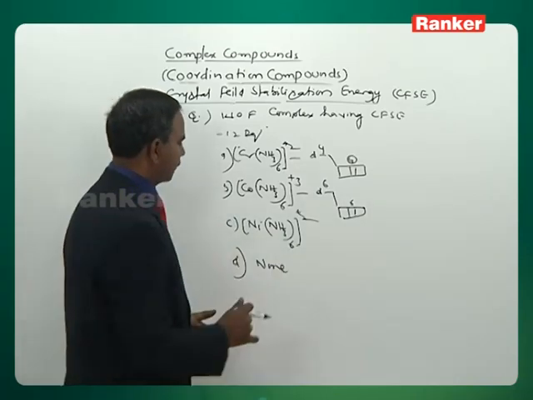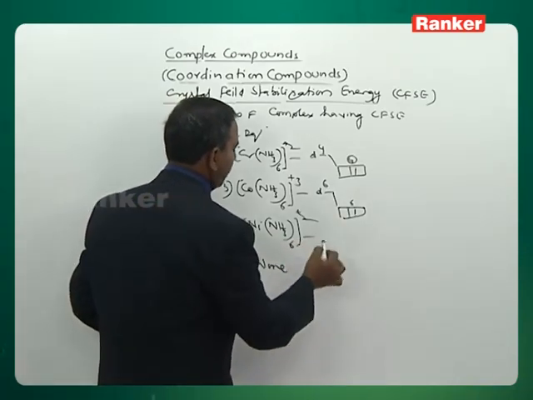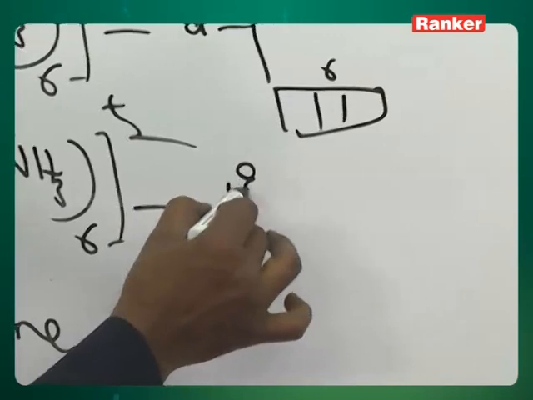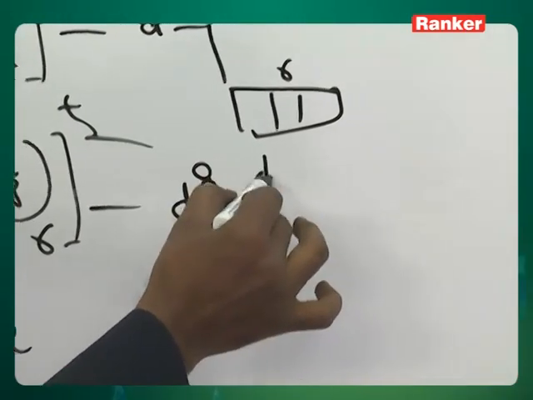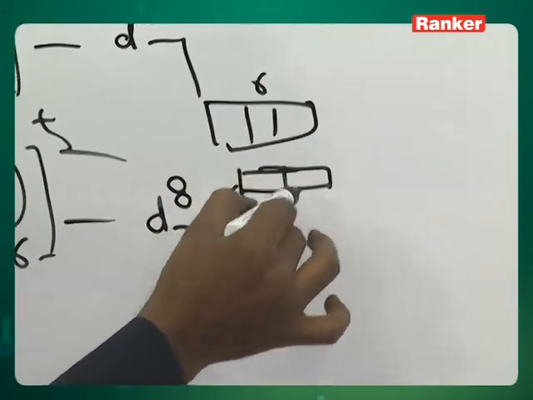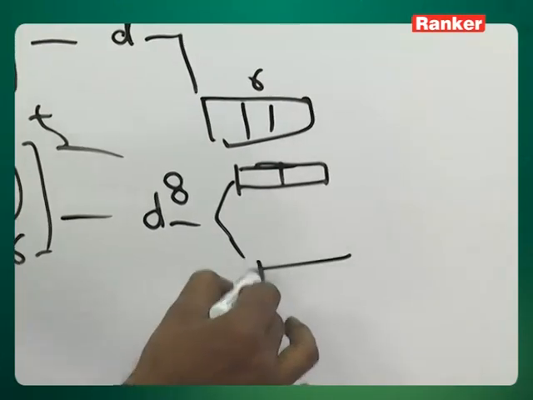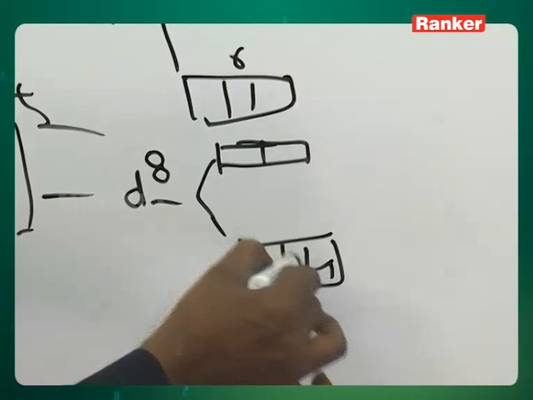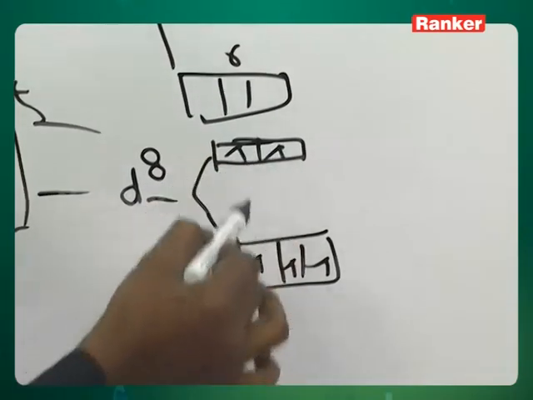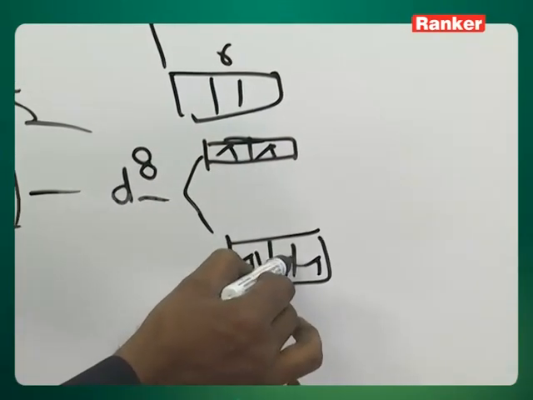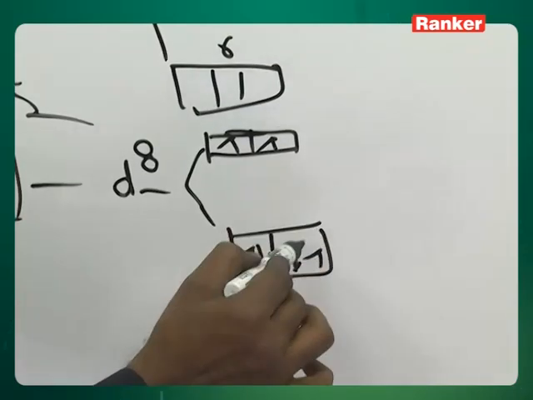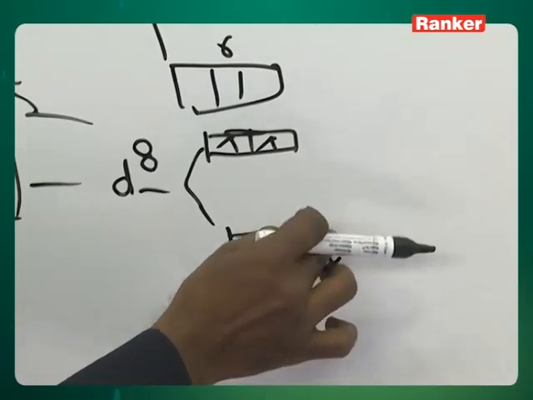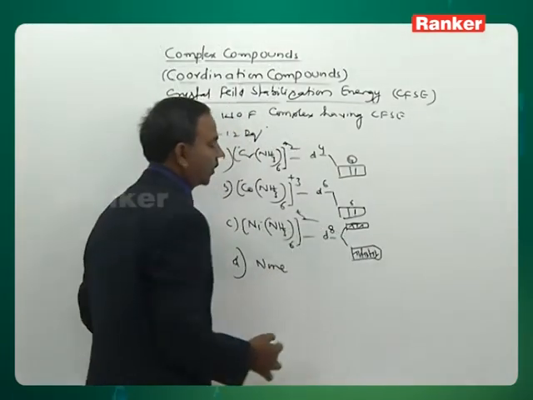But let us see this nickel. Nickel plus 2 means, as you know well, d8. I am writing the electron distribution in the t2g and eg orbitals: the 1st, 2nd, 3rd, 4th, 5th, 6th, 7th and 8th electrons.